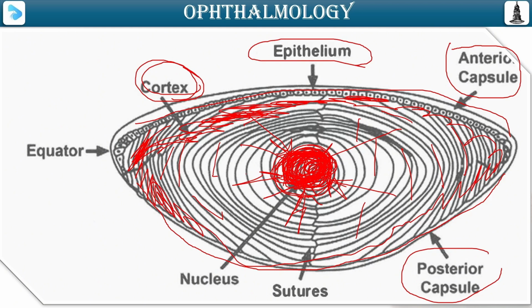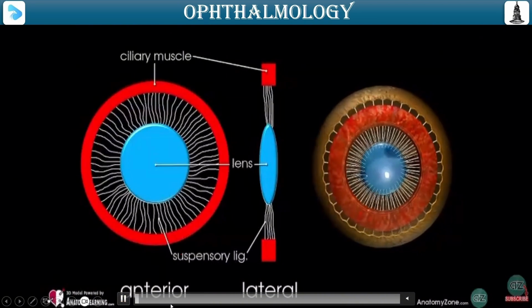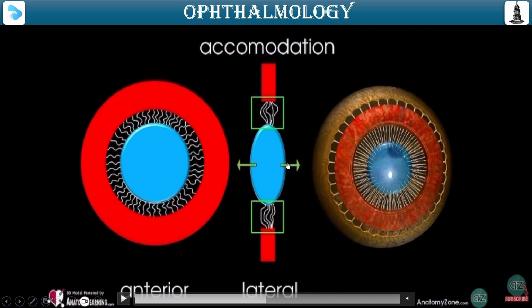So there are two types of protein inside the lens. Normally, they're all the same type, but now there's hardening and sclerosis in the nucleus. And because of this, the different types of protein in the lens become less pliable and less elastic. Okay, so if we turn back, I'll show you this process. The process of making the lens more convex will not occur.